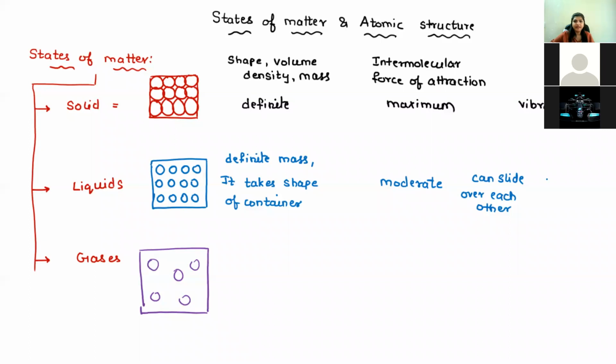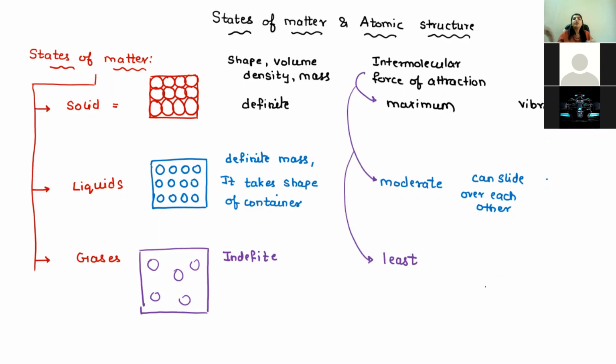Yes, it doesn't have a fixed shape nor fixed volume. Yes, so indefinite mass, it has everything indefinite. Indefinite mass, indefinite volume, indefinite shape. Why? Because the intermolecular force of attraction is least.